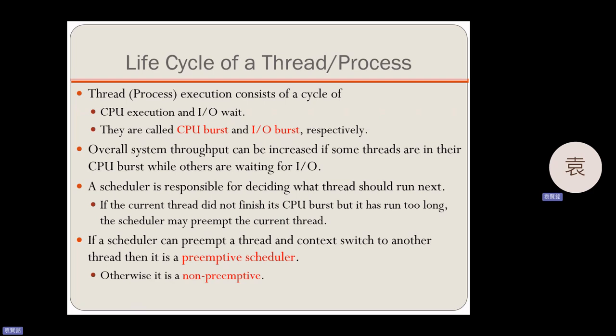If it uses the CPU for too long, the particular process will be suspended and the CPU will be reassigned to others, to avoid processes waiting for the CPU too long. If a scheduler is allowed to preempt a running thread or process and reassign the CPU to another thread or process, we call it a preemptive scheduler.